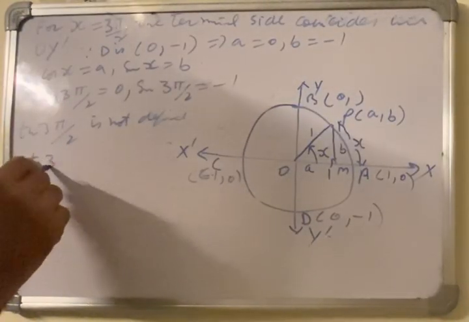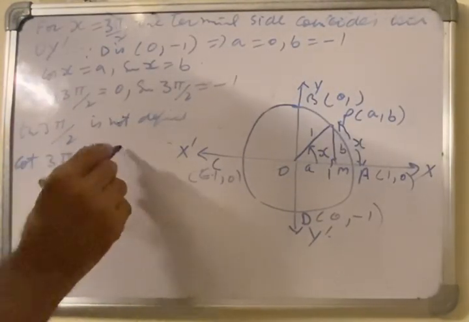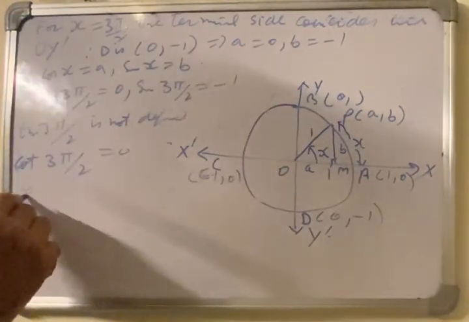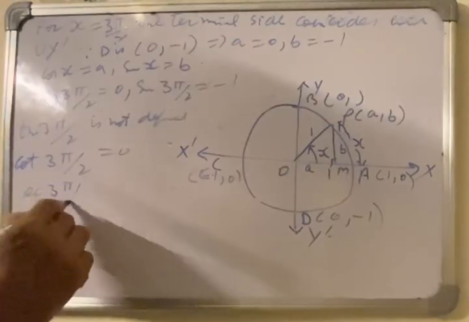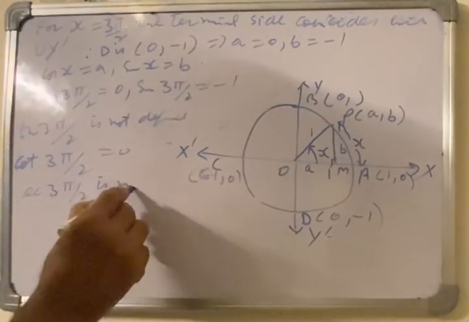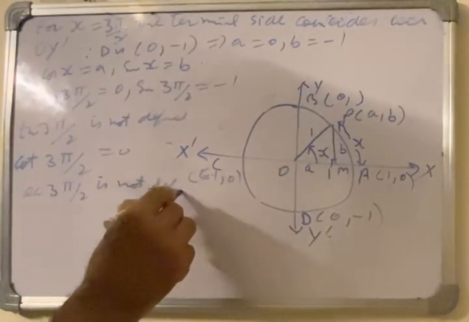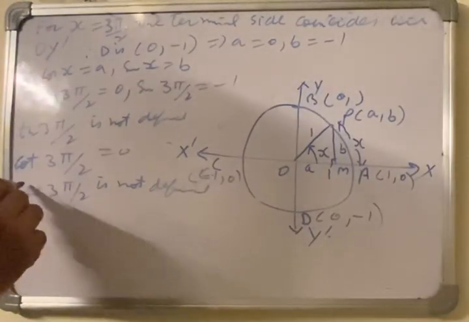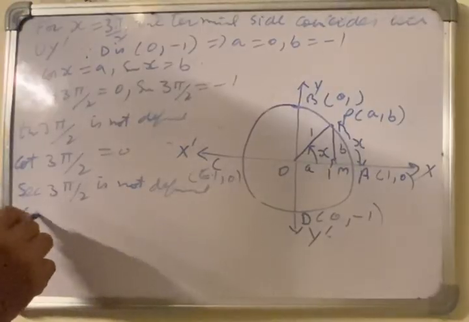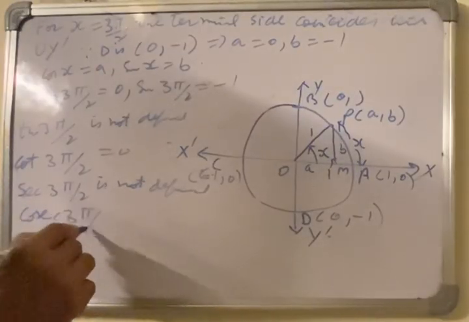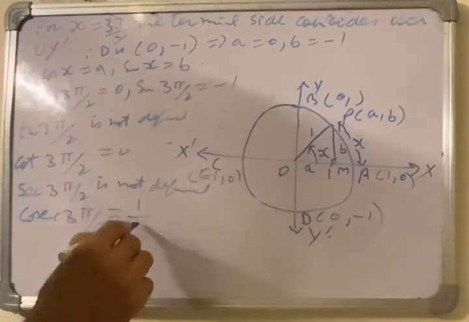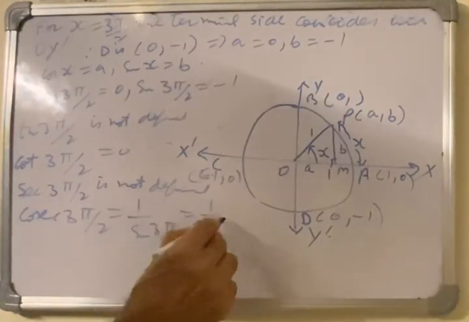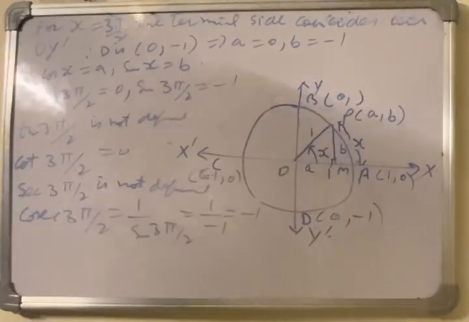Cot 3 pi by 2 is 0, it is the reciprocal of tan 3 pi by 2. Secant 3 pi by 2 is not defined because it is the reciprocal of cos 3 pi by 2. Cosecant 3 pi by 2 is 1 over sin 3 pi by 2, which is 1 over -1, it is -1.